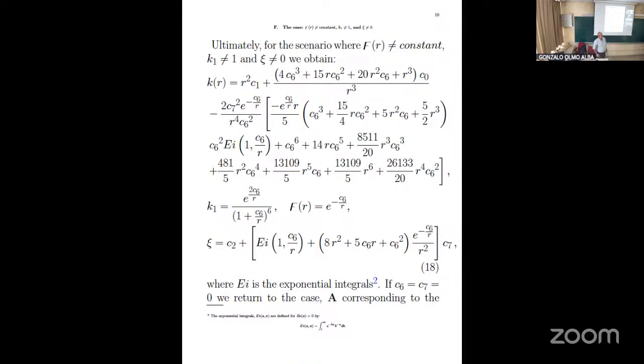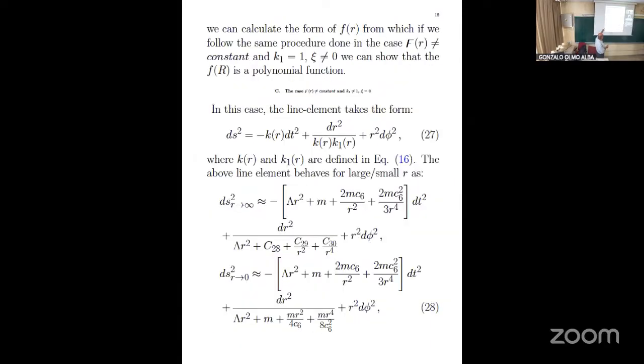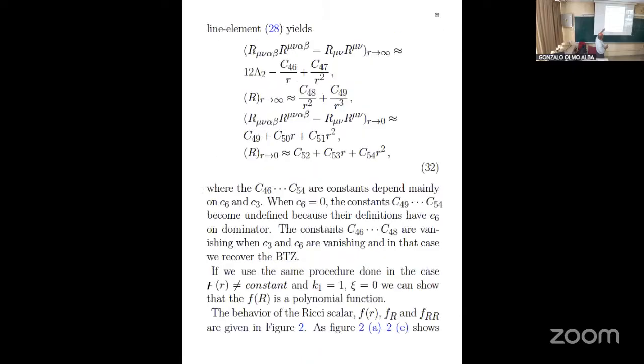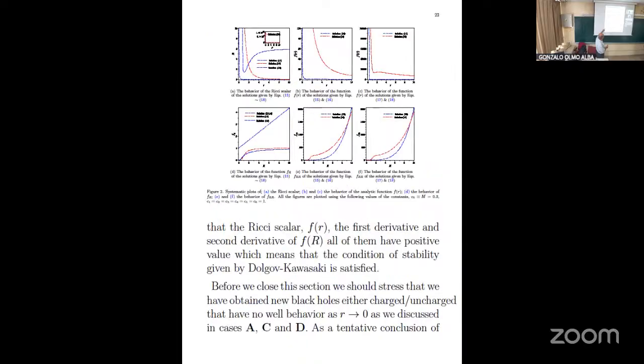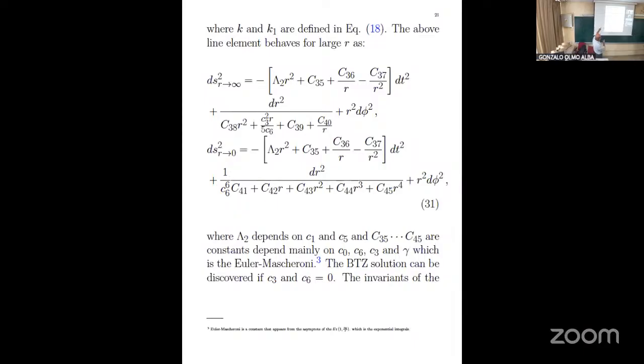For this general solution, the invariants are finite far away, but the metric itself does not allow you to put C6 equal to 0. Yeah, this is the perturbative expansion.